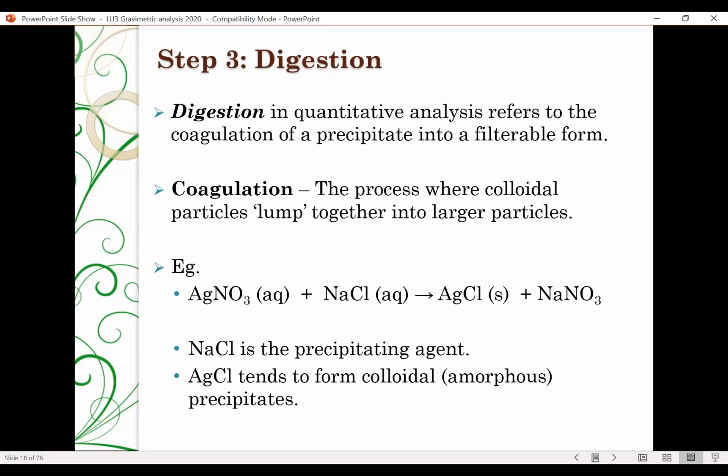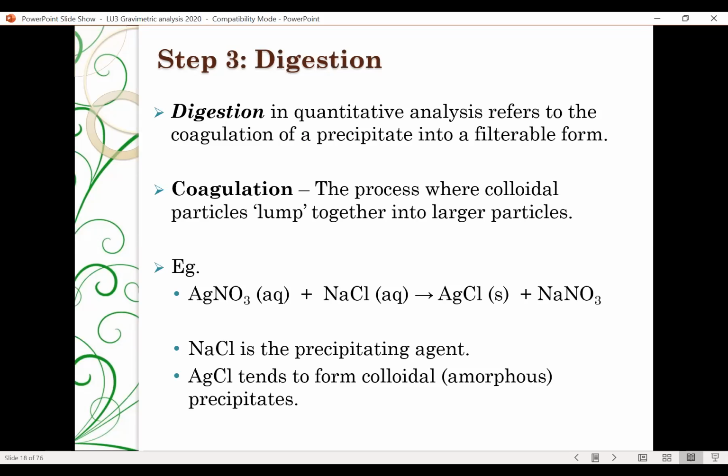Remember, we want the end precipitate to have larger particles. So digestion is a process that we do in order to initiate coagulation of our precipitate into a filterable form.